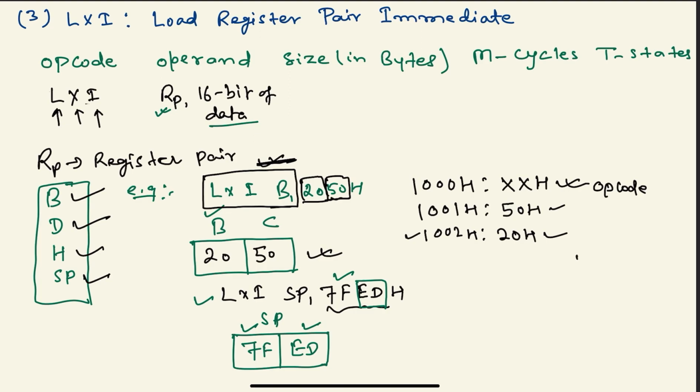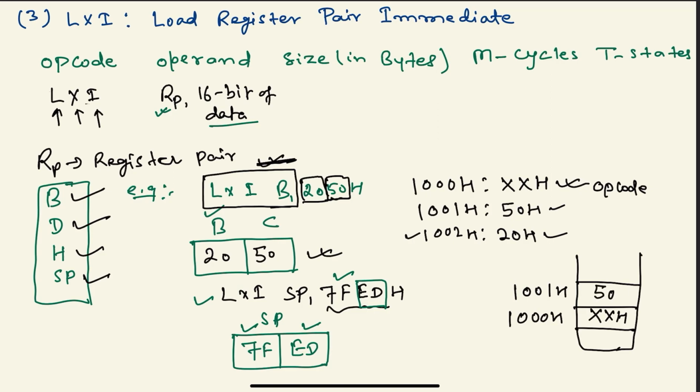Let's say this is the memory part here, and at 1000H we have XXH as the opcode, at the next address 1001H we have the lower byte 50H, and at 1002H we have 20H. This memory is connected with the microprocessor.